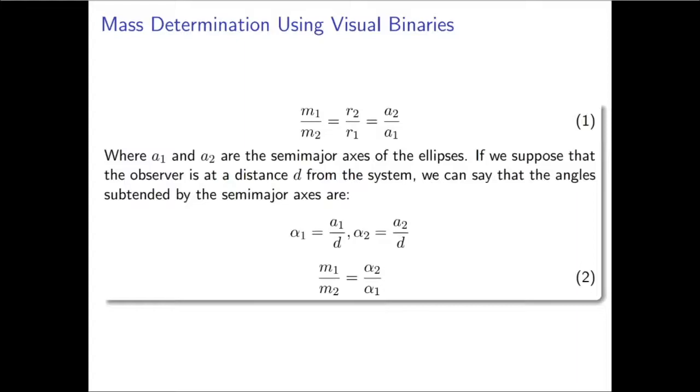There will be a particular plane, known as the orbit plane, in which these two binaries are orbiting, and you are observing it at a certain distance d, so you will make a certain angle with that star from the point of observation.